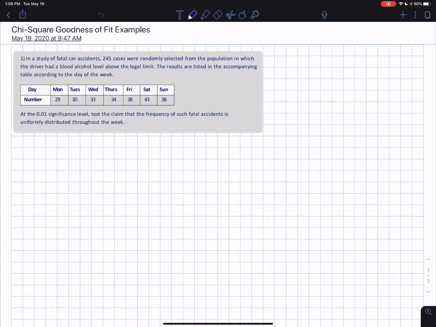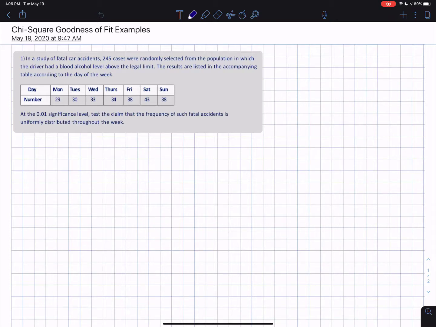It's asking us to use a 0.01 alpha to test the claim that the frequency of such fatal accidents is uniformly distributed throughout the week. Okay, so uniformly distributed throughout the week, right there I know, and since there's no other percentages given in the exercise, I know we're talking about a goodness of fit where all the probabilities are uniform, meaning the same.